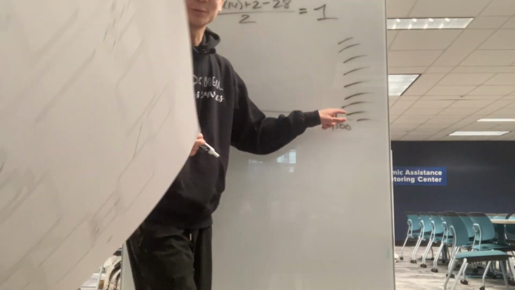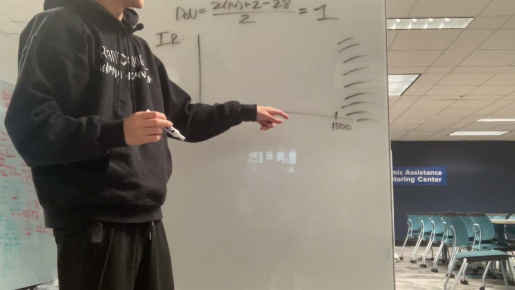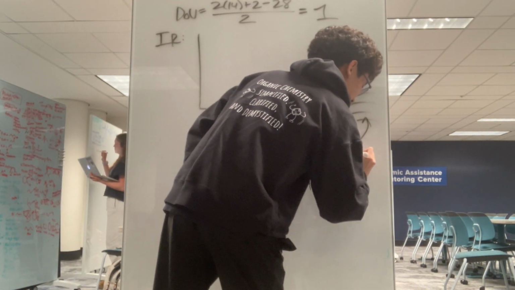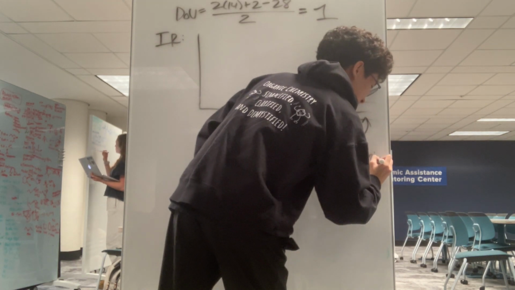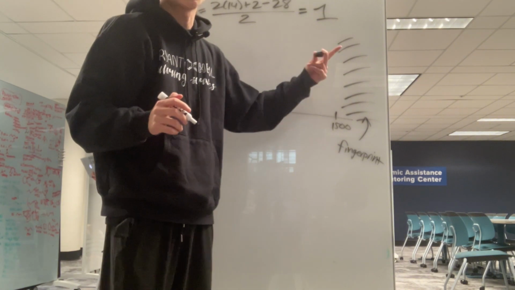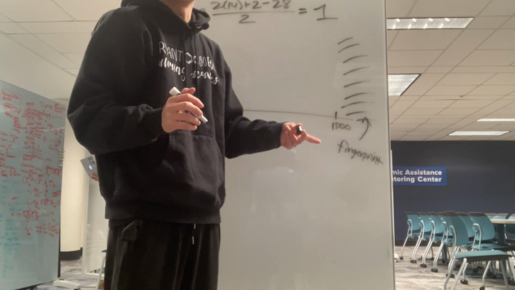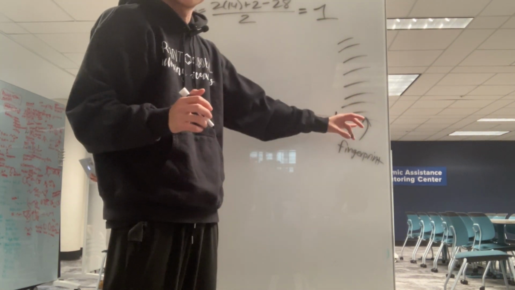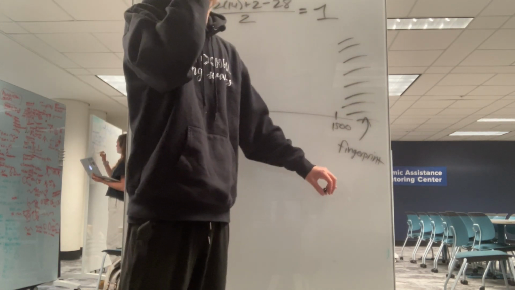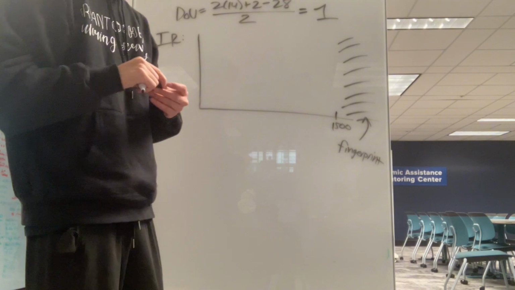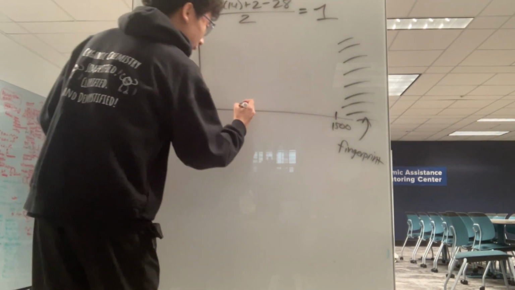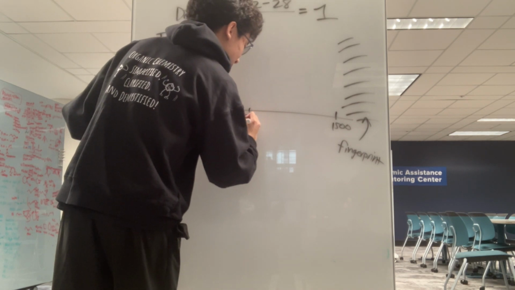That region is called the fingerprint region, because it shows single bonds like carbon-oxygen and carbon-carbon, and we can't really get anything useful out of it. Does the fingerprint region sound familiar?